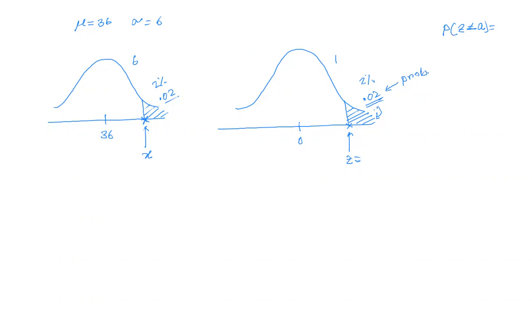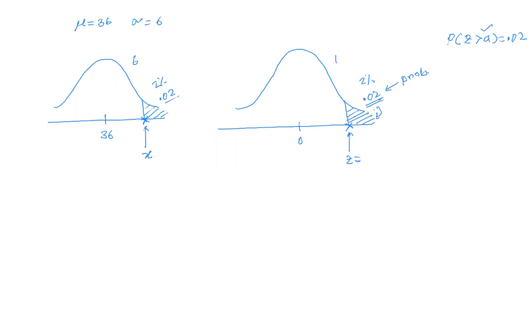Actually, to be more precise, I don't want to make your life more complicated than it should be. Technically, we are looking for an A such that the probability of Z greater than A is 0.02. We are looking for this particular Z such that the probability that Z is greater than this point A is 0.02.